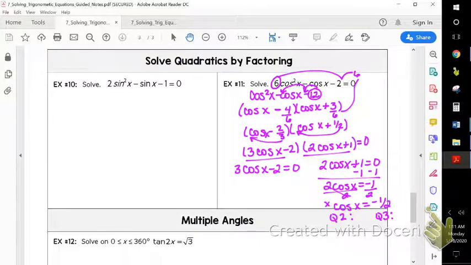Cosine is your x value, so in quadrant 2, where is your x value a negative 1/2? We know that that's at 2 pi over 3. And in quadrant 3, which angle has the x value a negative 1/2? That's going to be at 4 pi over 3.